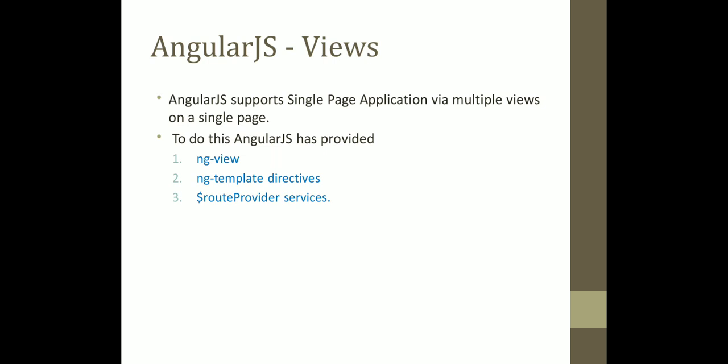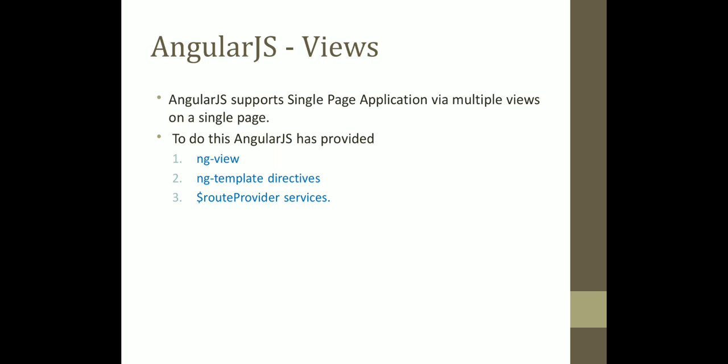Since a single page application can have a number of views, according to the user's choice a view is shown, and using the combination of views and routes, an application can be divided into logical views and bind different views to controllers. For doing so, we are using these three things, that is ngView, ngTemplate directives, and $routeProvider services.